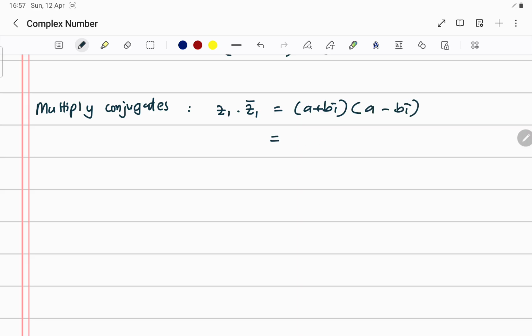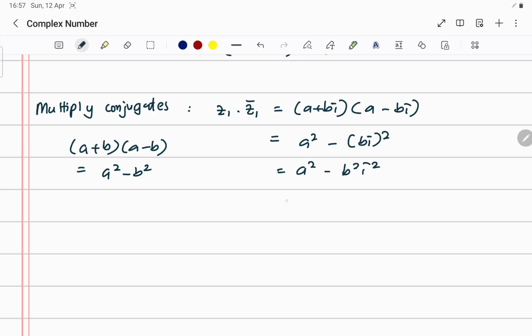Here it is similar, A plus B with A minus B, we can change into A square minus B square. So A square minus BI square, where you're going to get B square I square. Then I square you change to -1. Here you're going to get A square plus B square.